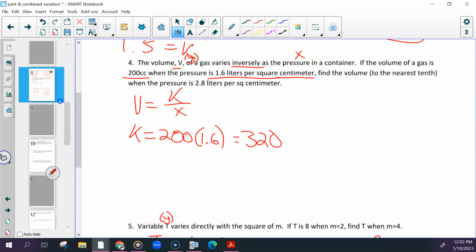Then we could take that k value, put it into our original. So v equals 320 over x. The last part says find the volume, so we're looking for v, or your y, to the nearest tenth, so we might get a decimal. When the pressure is 2.8 liters, so put in 2.8 and figure out what your volume is.